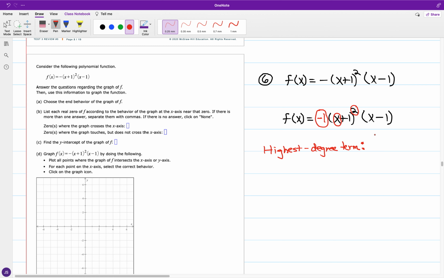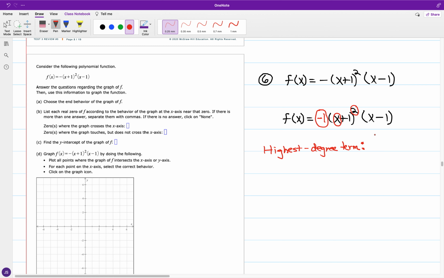Again, x minus 1 is just a first order, and the higher order term from that variable factor is going to be x. So we got -1 from the front. Then with the square of x plus 1, x is the higher order term in that factor, and that's going to be to the second. And for x minus 1, x is the higher degree term, to the first.